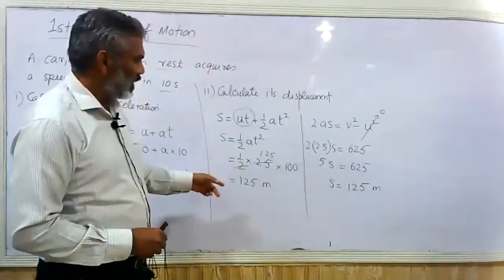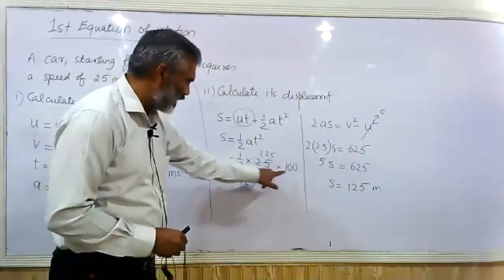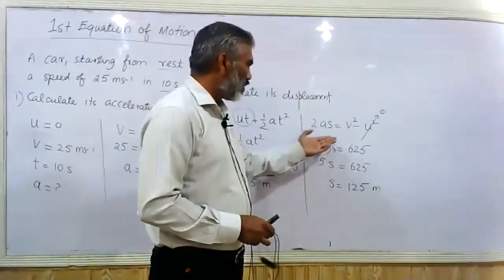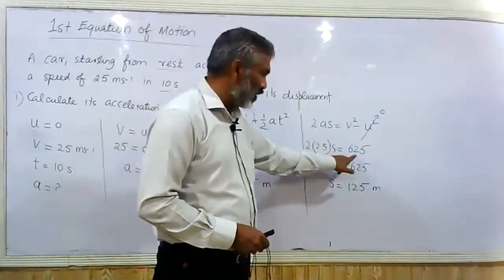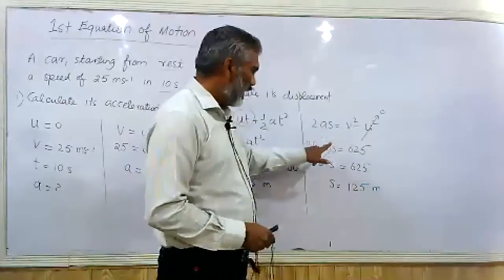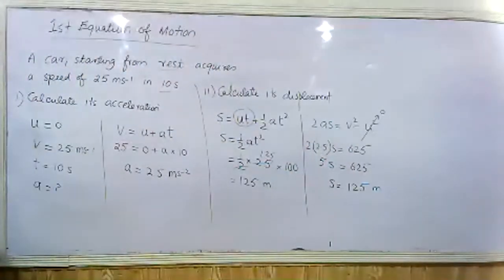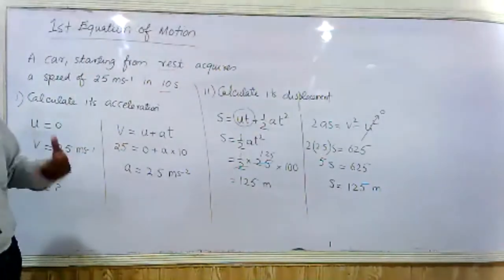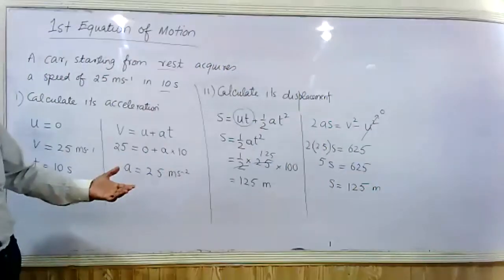Here we made use of the time for which the object has moved and the acceleration, whereas in this equation there is no need for time. We just have to mention the final velocity that it acquired and the acceleration with which it kept moving throughout, the constant acceleration. So both equations should lead to the same answer. So this is just a simple example of the equations of motion.